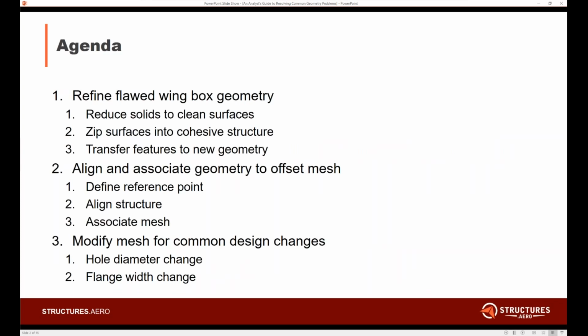When they do the CAD, they've got a thin wing skin modeled as a solid, not a surface, which for structures we'd like a surface. But I'm going to go through some options we can use that aren't just sending it back to the designer and saying, hey, can I have a surface? Because sometimes there's a bit of a disconnect or a lead time associated with that.